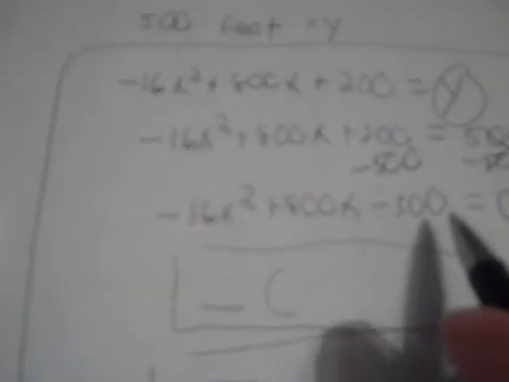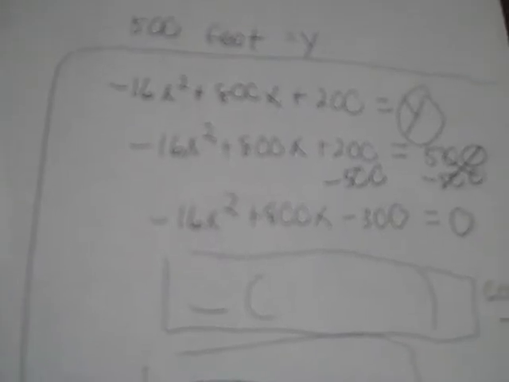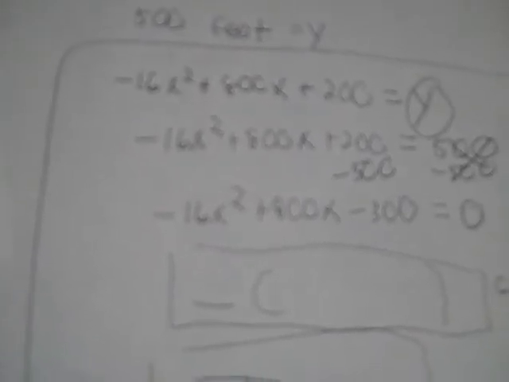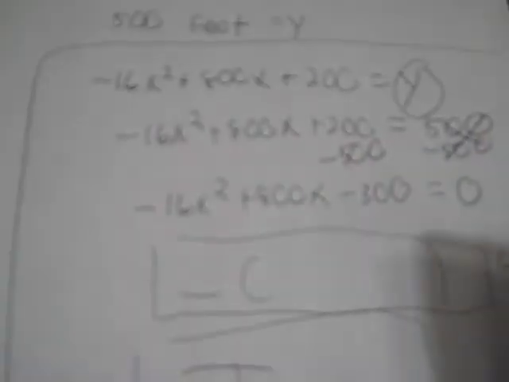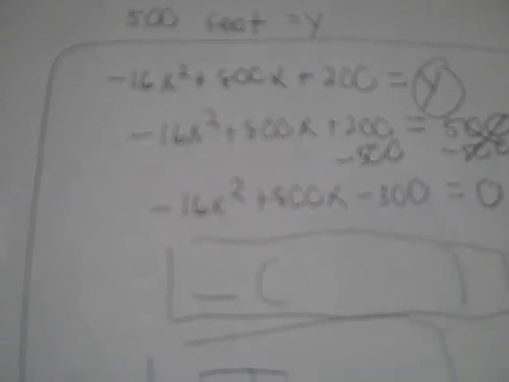GCF and the T-chart. GCF: you do have a negative in front. Do you have x on everything? Nope, not on 300. Then you punch these three into the GCF calculator. If there's ever a time to use a GCF calculator, that would definitely be it.